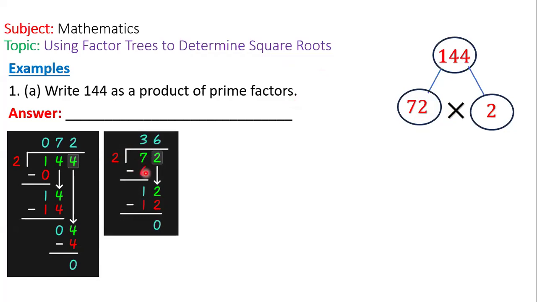And 7 minus 6 is 1. We bring down the 2. And then 2 times 6 is 12. And so we have 12 minus 12, which is 0. So 2 into 72 is 36 times.